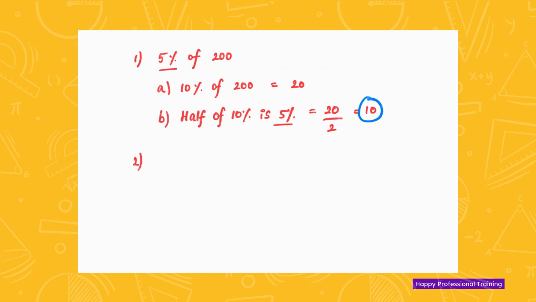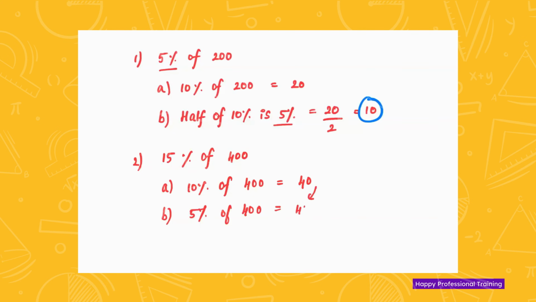Now let's find 15% of 400. Let's find 10% of this number. What is 10% of 400? It is 40. Now 5% of 400 is what? Just half of 10%. So 40 divided by 2, which is equal to 20.